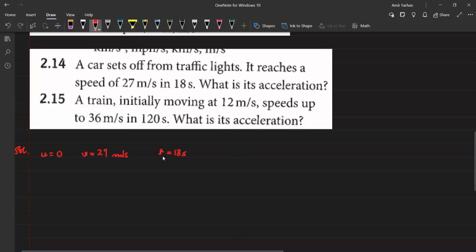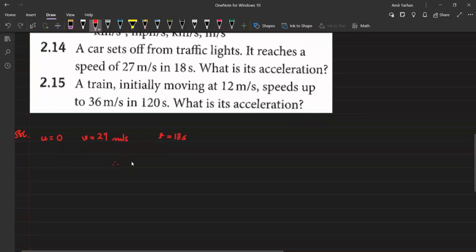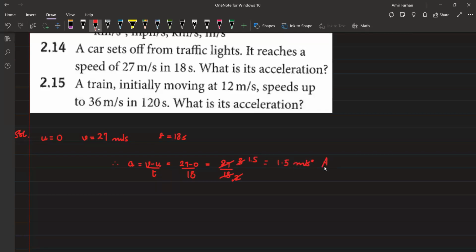So let's calculate the acceleration: a is equal to v minus u by t, that is 27 minus 0 by 18. 27 by 18 comes out to be 1.5 meter per second square.